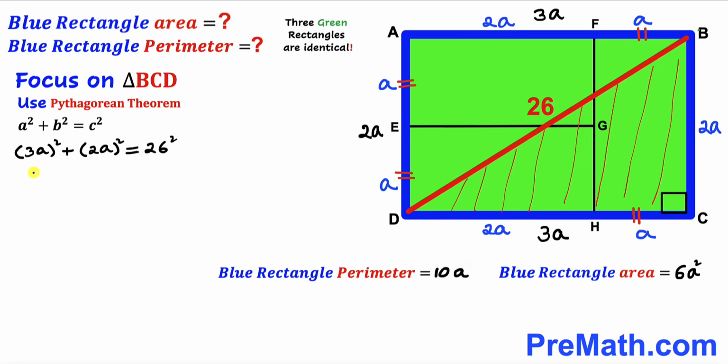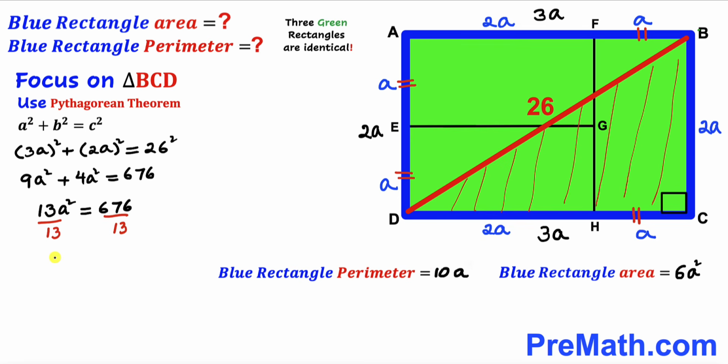Let's simplify. That is going to give us 9 times a square plus 4 times a square equal to 676. Let's combine these like terms: 13a square equal to 676. Now I'm going to divide both sides by 13 to isolate a square.